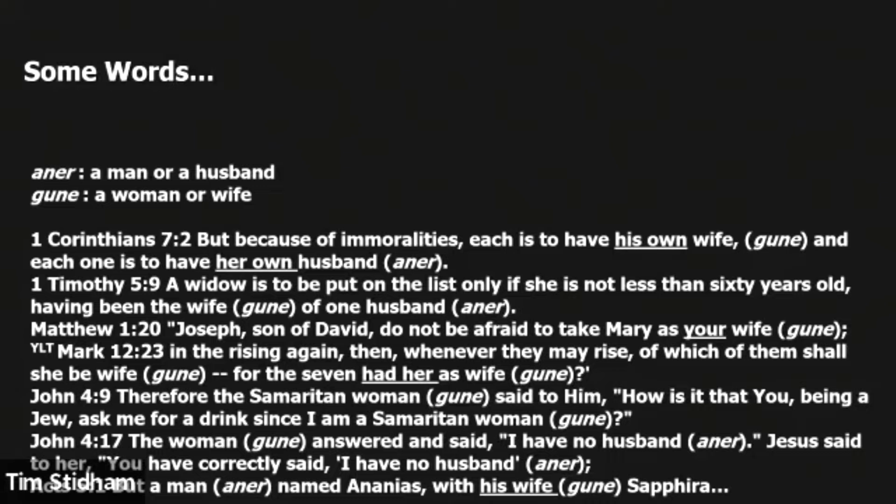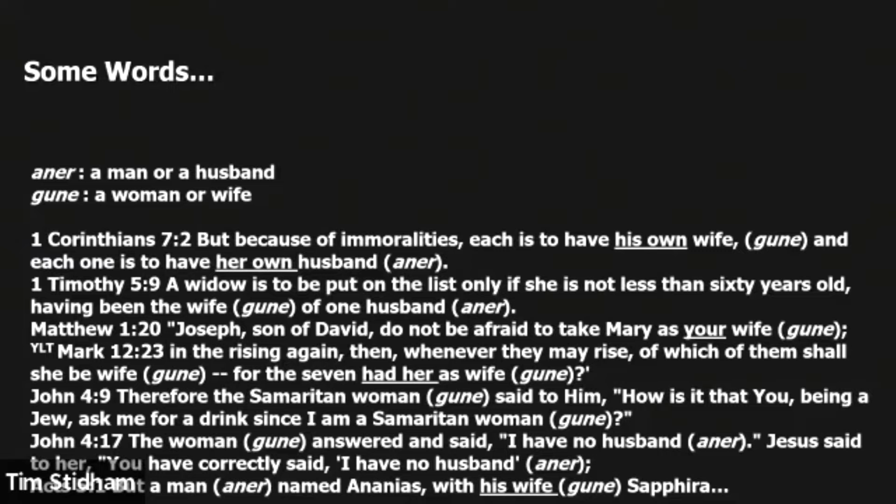Now, the other word that's in contrast with aner is the word gune, which is a woman or wife. I think we made some good observations last week that at this time in history, the 1st century, especially in Jewish culture, but probably also some in the Roman Greek culture, there's not a category for bachelor. There's not a Greek word for bachelor.